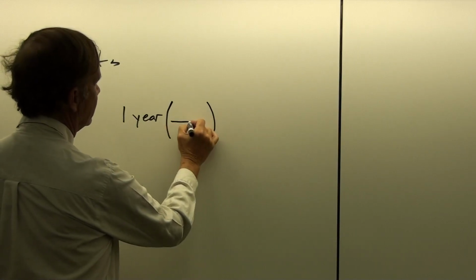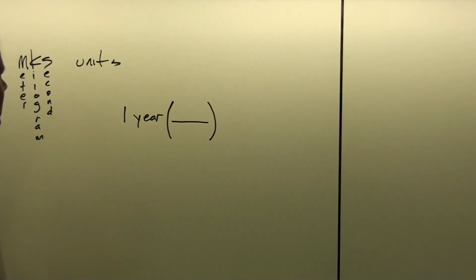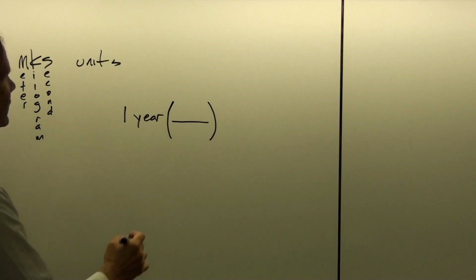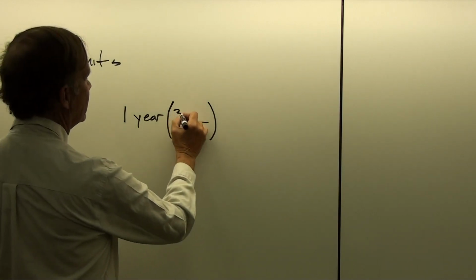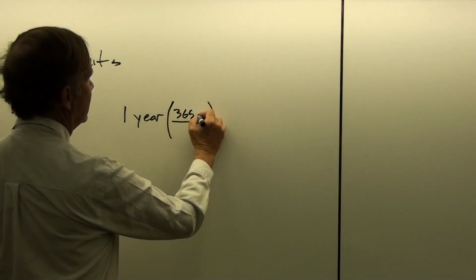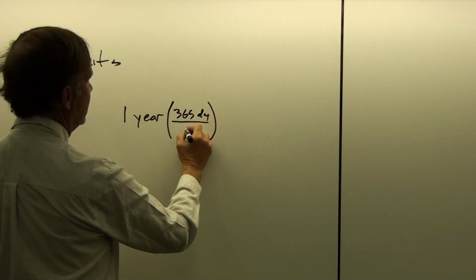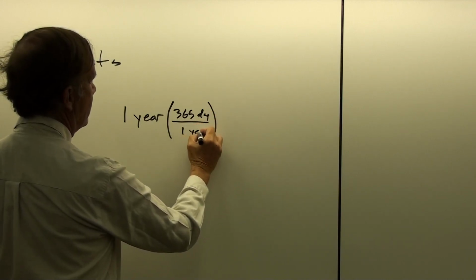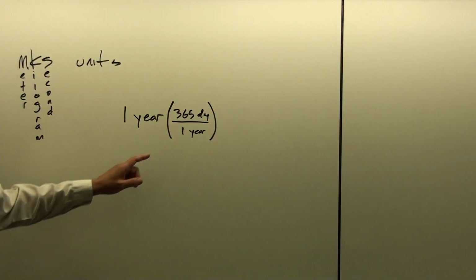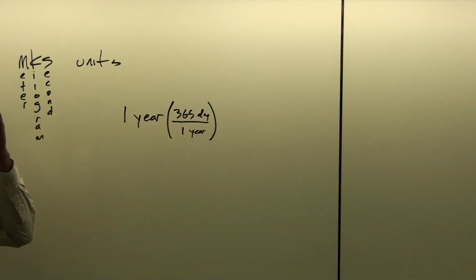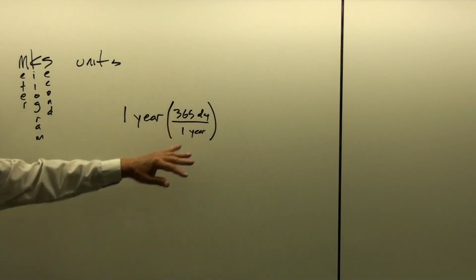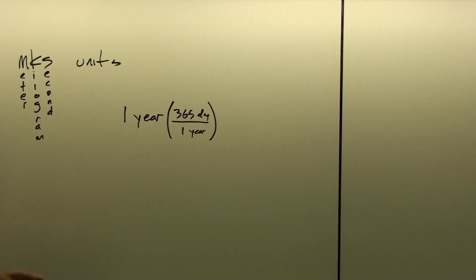So we could first convert years to days by knowing that there's 365 days in a year. Now, this isn't exact, of course. It's 365.25, and then there's some more significant figures after that. But here, we're just interested in a reasonably accurate result.